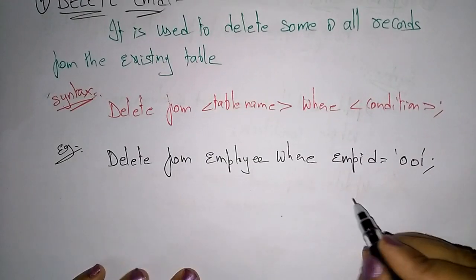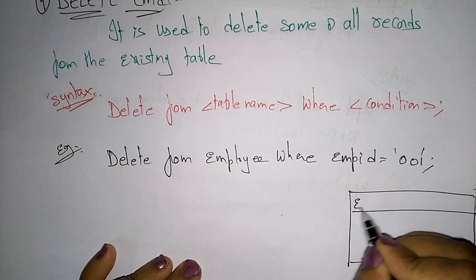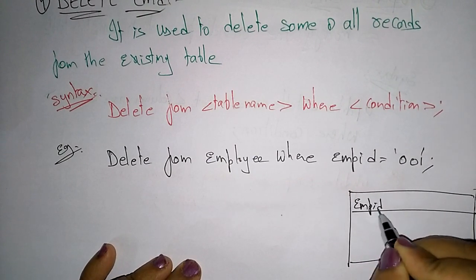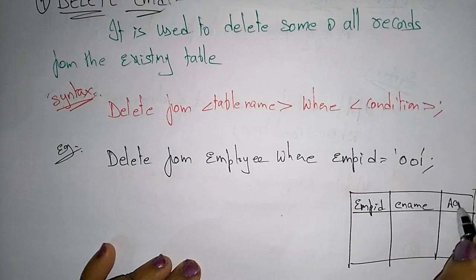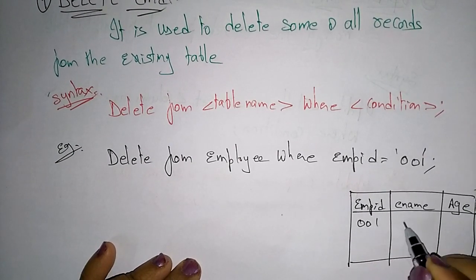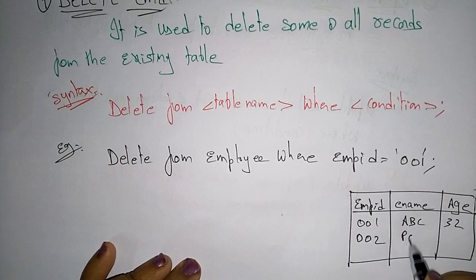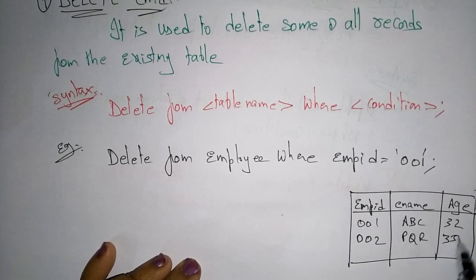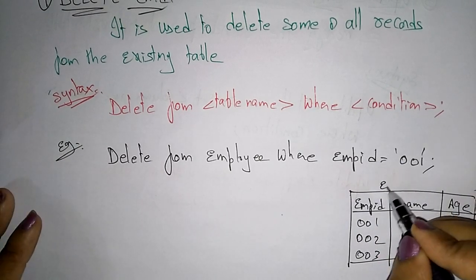Suppose the table consists of employee ID, employee name, age: 001 ABC 32, 002 PQR 35, 003 XYZ 36. So this is the employee table.